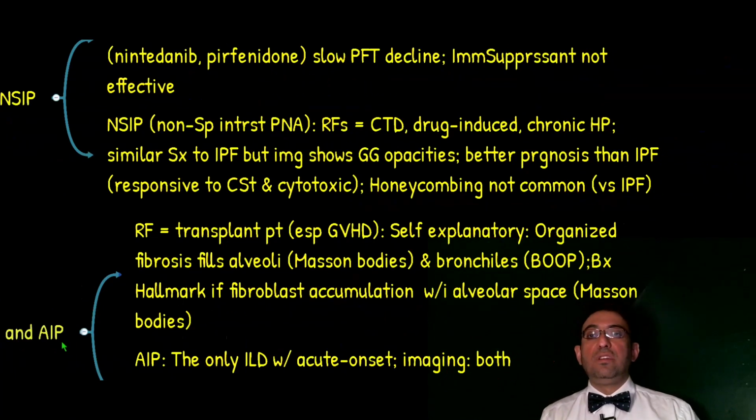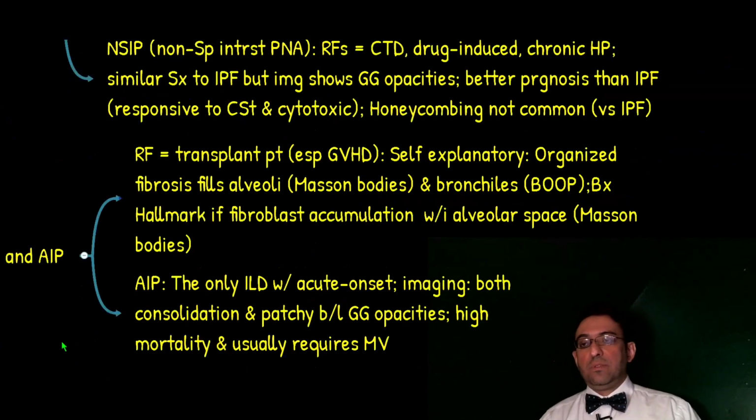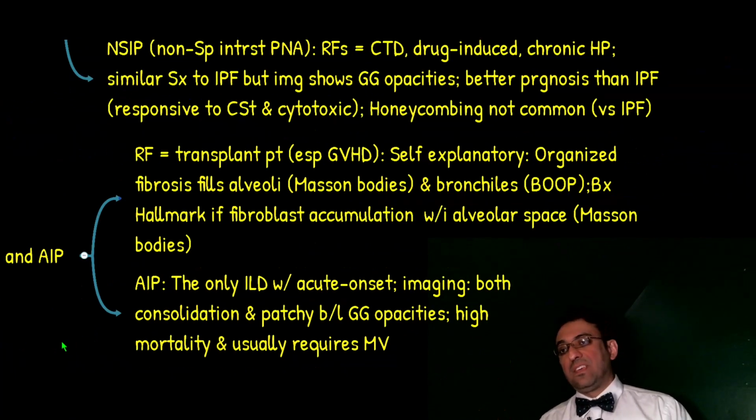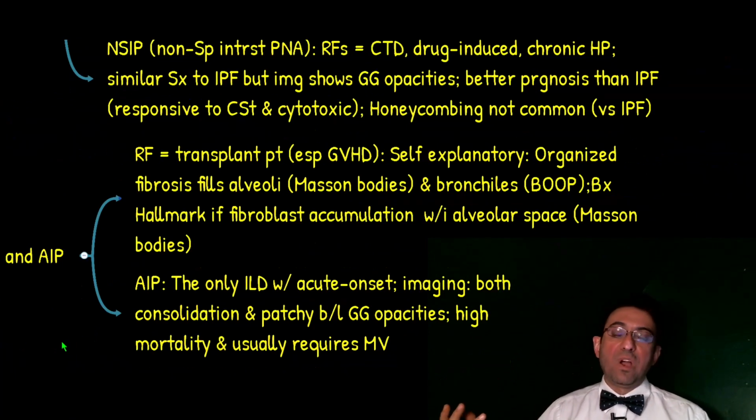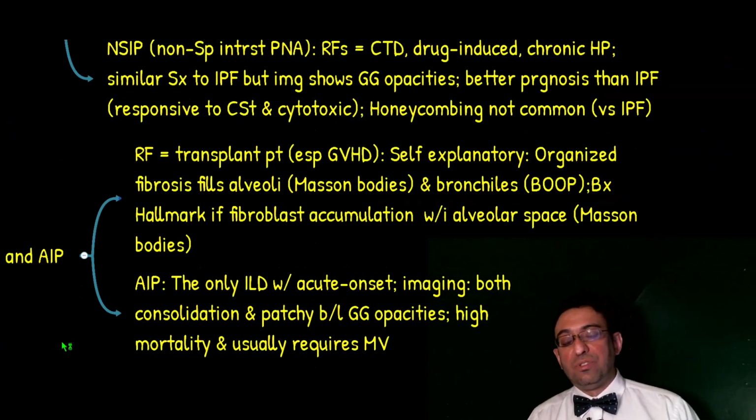And the final condition of interstitial lung diseases is acute interstitial pneumonia. What's the specific finding of it? If you have a restrictive pattern lung disease that has acute onset, all the other conditions usually have a very chronic progression, but acute interstitial pneumonia, as the name indicates, has acute onset of symptoms such as dyspnea on exertion, and the respiratory function test shows the restrictive pattern.